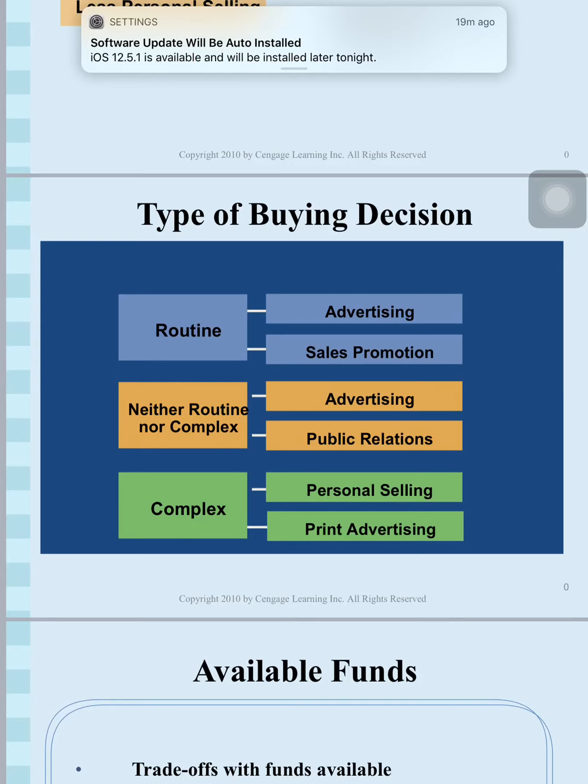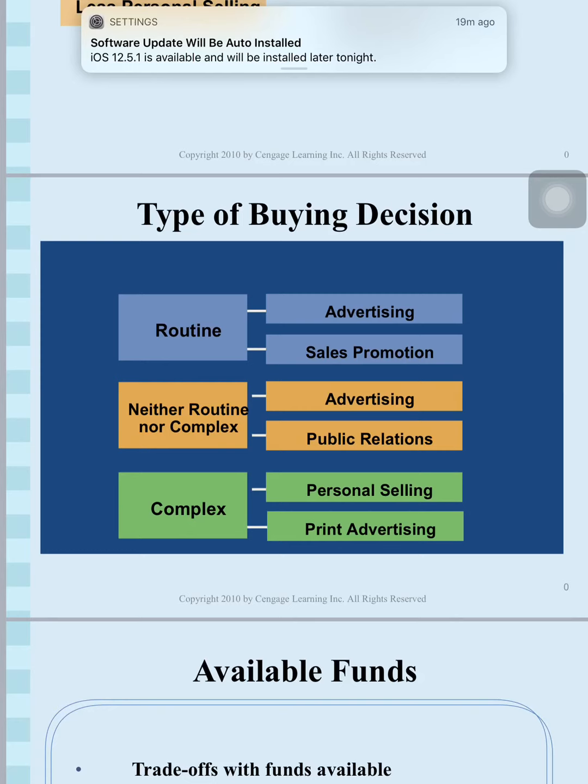And then for decisions that are neither routine nor complex, they will go for advertising and public relations, which helps to establish awareness for the product or service. Complex buying decisions are where consumers are more extensively involved, because they rely on a large amount of information to help them reach the purchase.